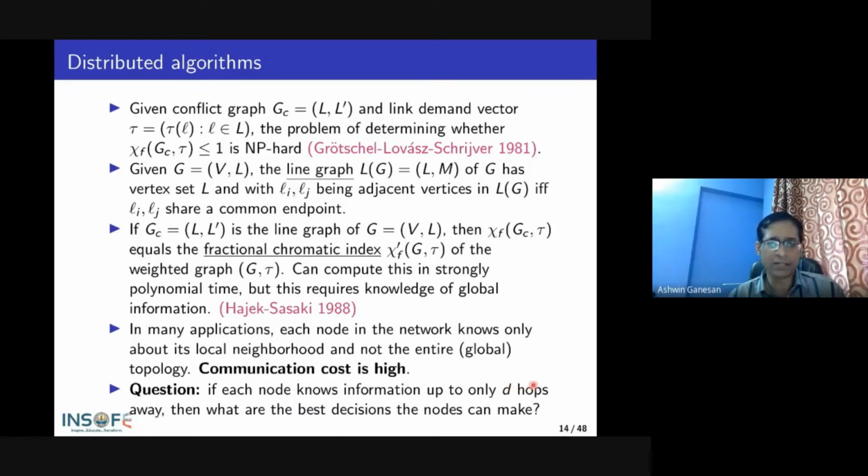So if every node only knows about the ball of radius d centered at the node, it only knows that subgraph, what are the best decisions the nodes can make? So the nodes have to somehow answer this question of whether the fractional chromatic index of the entire global topology is less than or equal to 1 by only looking at its d hop neighborhood.